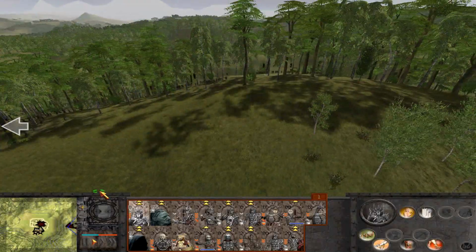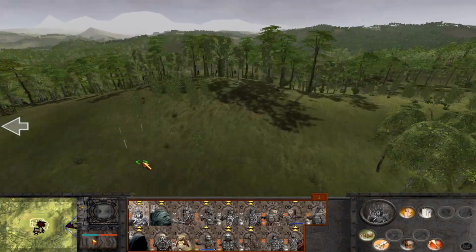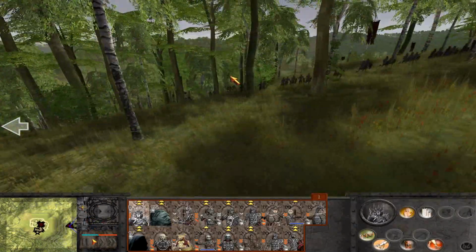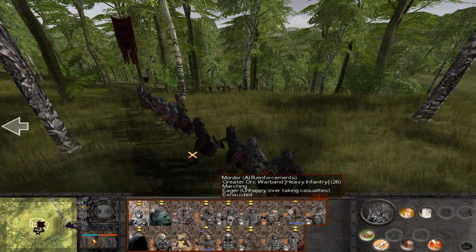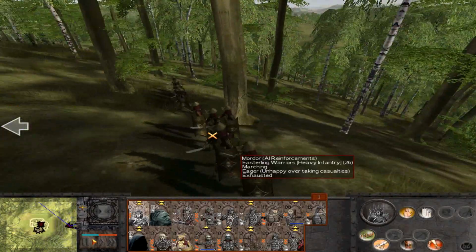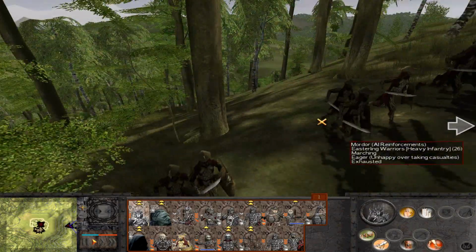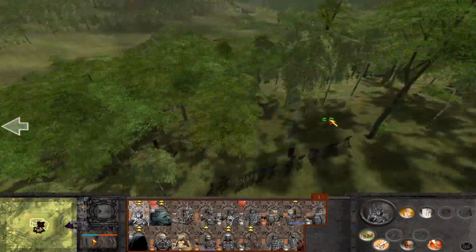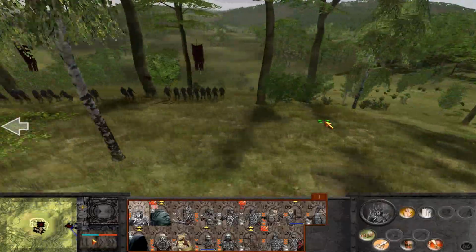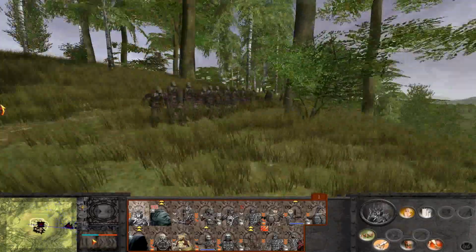Right, our ally, where are they? Seems to be a remnant force. They are remnants, they are not fully sized units.